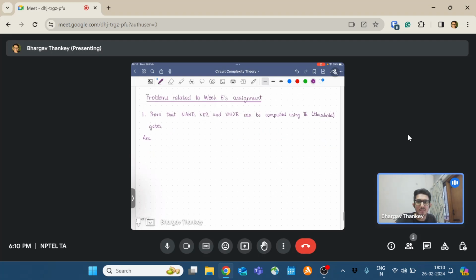So we want to show that NAND, NOR, and XNOR can be computed using threshold gates.